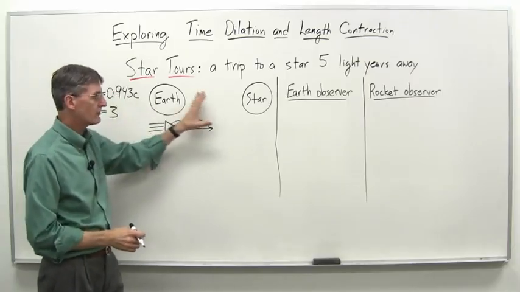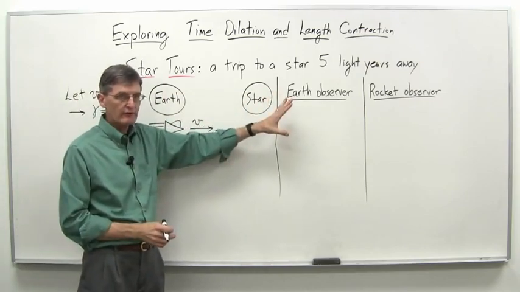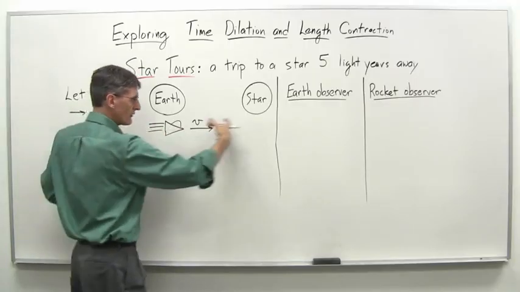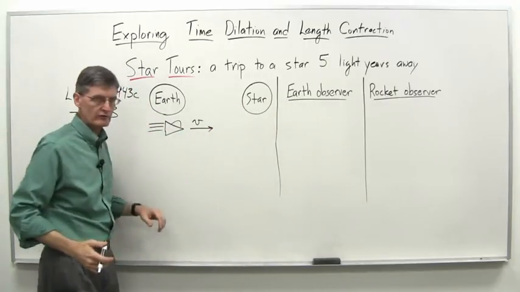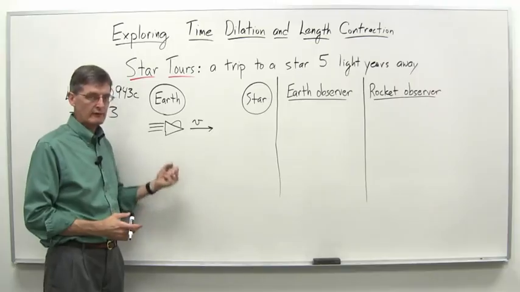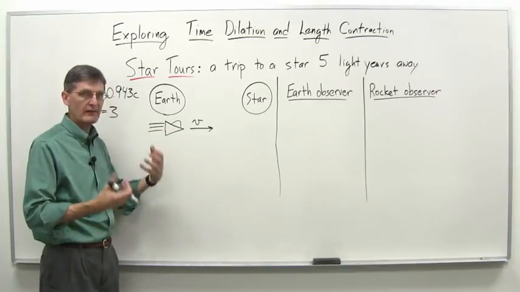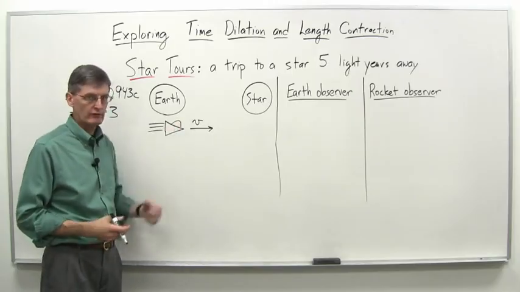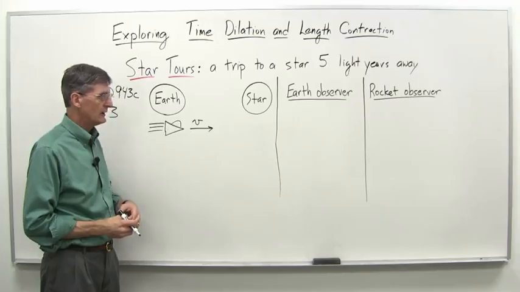All the Earth clocks are synchronized in the Earth-star frame of reference, and Bob, too, has his imaginary lattice of clocks extending in both directions to infinity, and all those clocks are synchronized in his frame of reference, in which, of course, he's not moving. He's stationary, and it's really the Earth and star system that is moving. And we'll get to that in a minute.